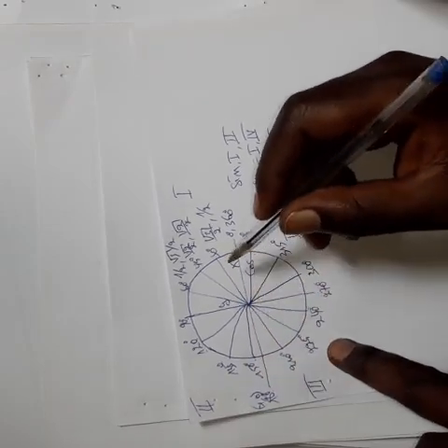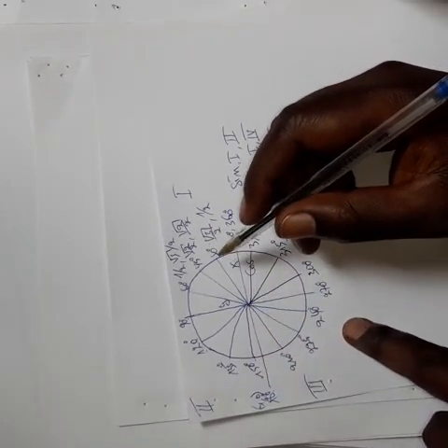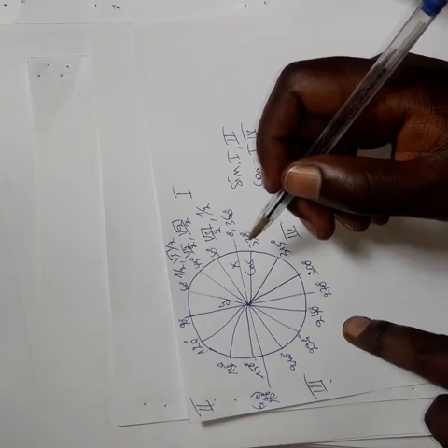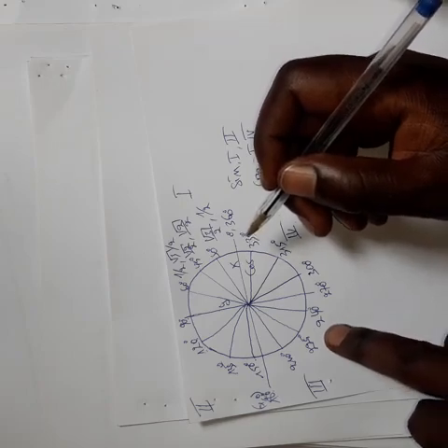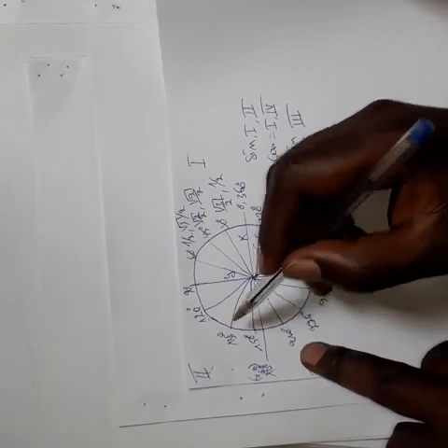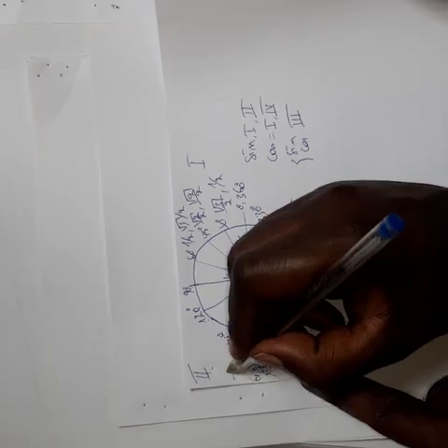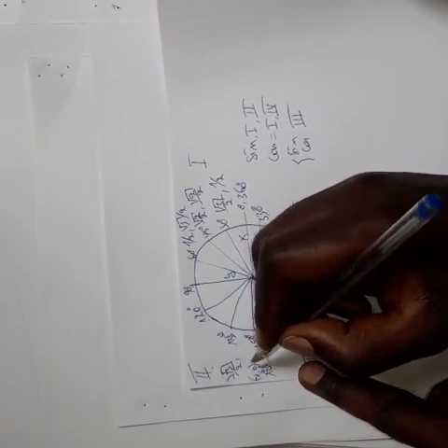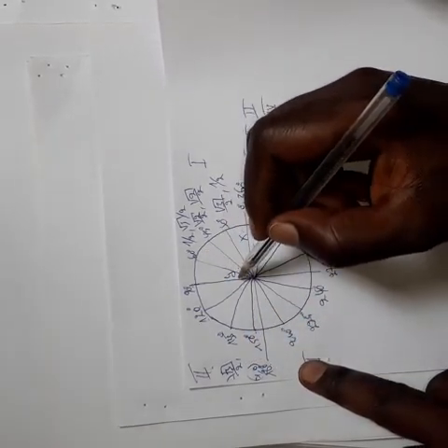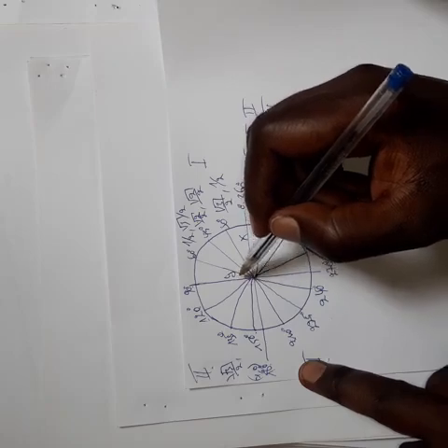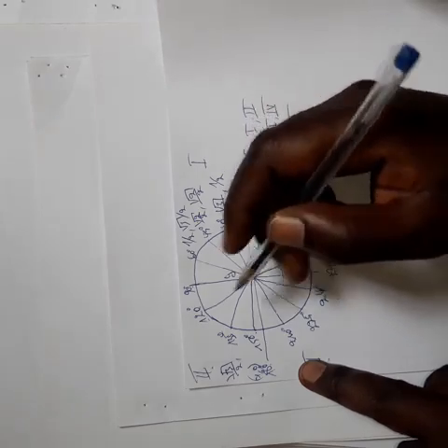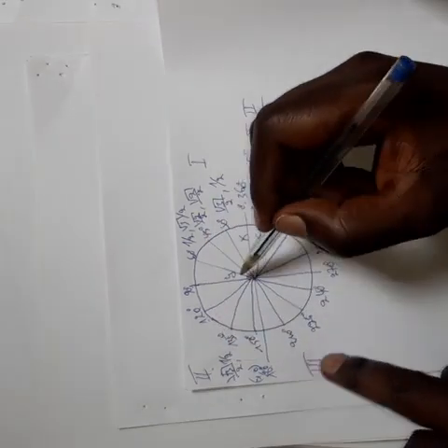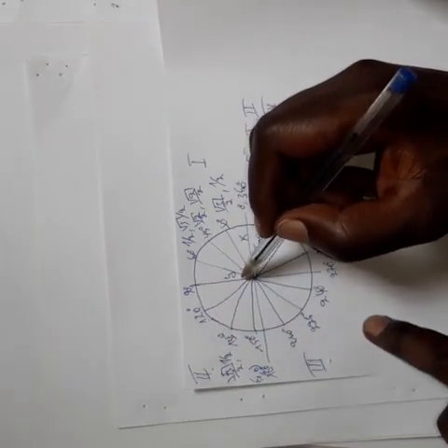Remember, 0 belongs to sine, and sine belongs to the y axis. Okay, so at 135 we'll have negative root 3 over 2, and on sine, which is y axis, which is positive, we'll have 1 over 2. This is positive 1 over 2 because it is sine, and the sine is on y axis.